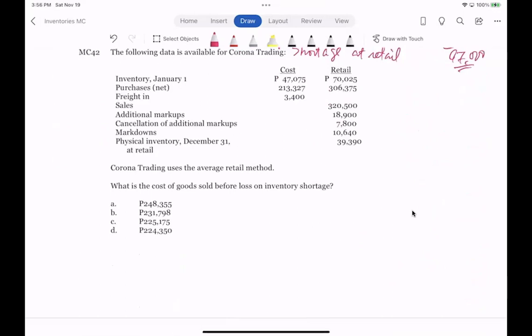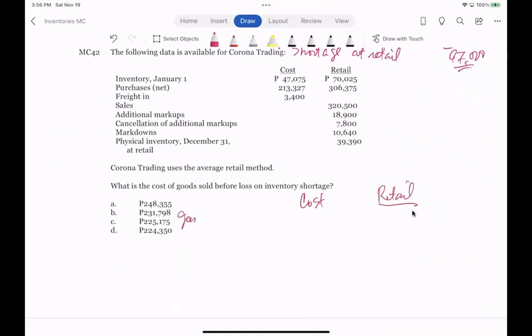And number 42, the following data is available for Corona Trading. What is the cost of goods sold before loss on inventory shortage? So do the same thing at cost and at retail.